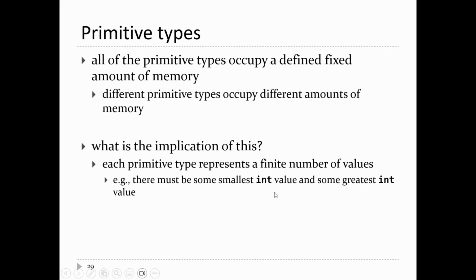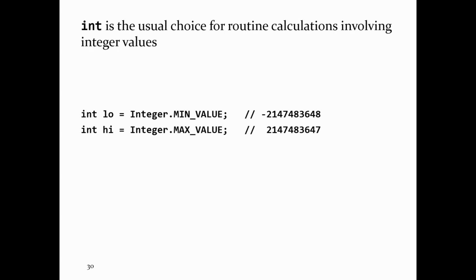In other words, there is some smallest int value that you can represent, and there is some largest int value that you can represent, and you cannot represent any value outside that range with an int. So when you're working with integers, for most routine programming tasks, you're going to reach for int.